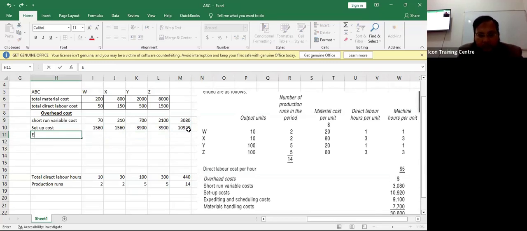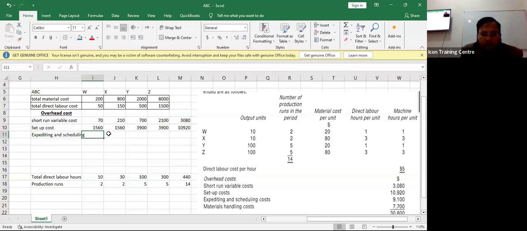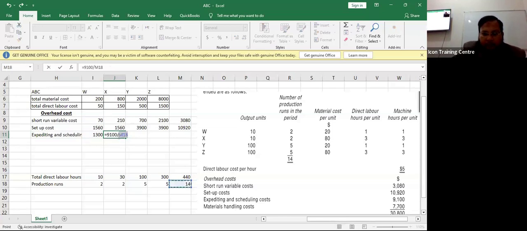Then we have the next, expediting and scheduling cost. It will also be based on production runs. So how much is the total? 9100 divided by 14 multiplied by 2, and again 9100 divided by 14 multiplied by 2.